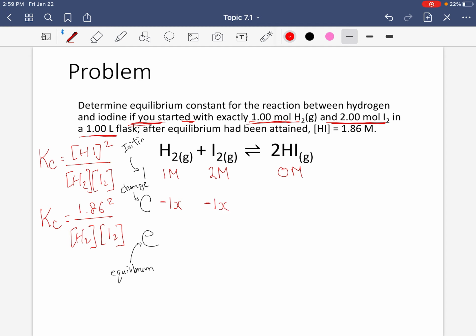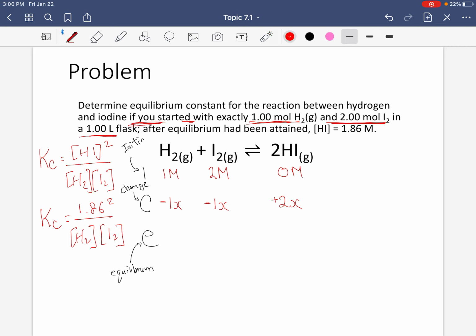We don't know how much it changed, but we know it's 1 mole of something. Here it's going to be plus 2x. We don't know how much it changed, but we know it's 2 moles of something. So that something we are calling x is what we want to find. If we are able to find x, we are home free.